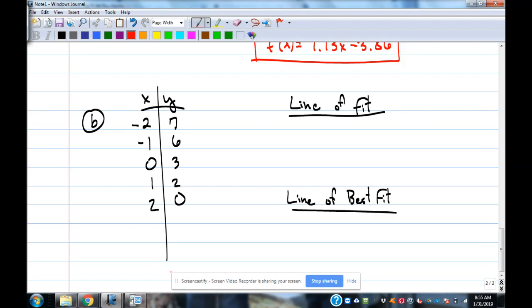I'll go ahead and tell you it is a linear relationship. Use those two to get the line of fit. That way we all find the same line. Y'all should have the Y-intercept already.